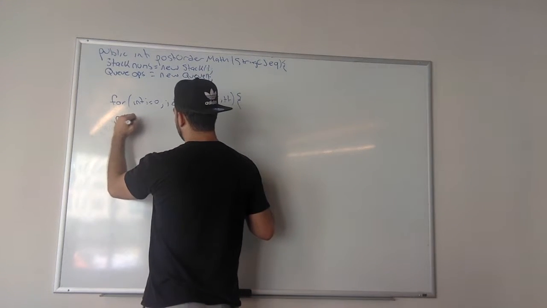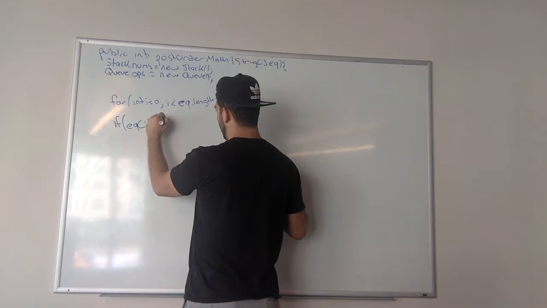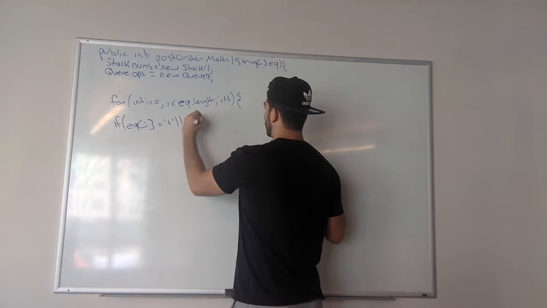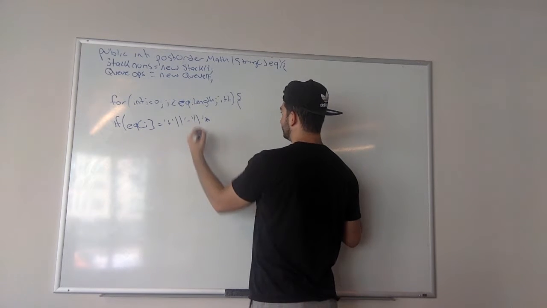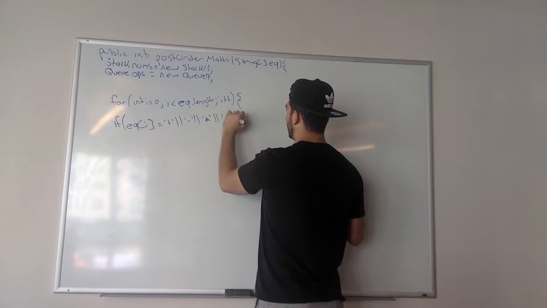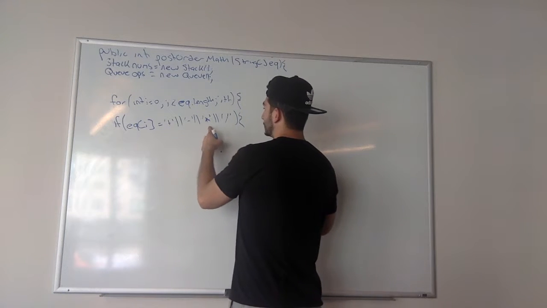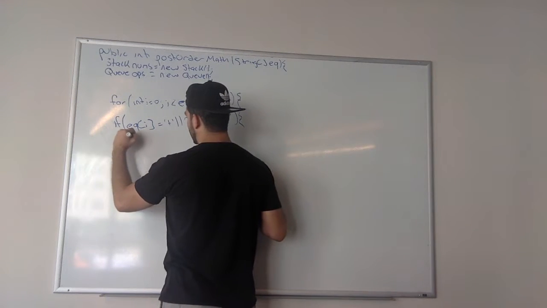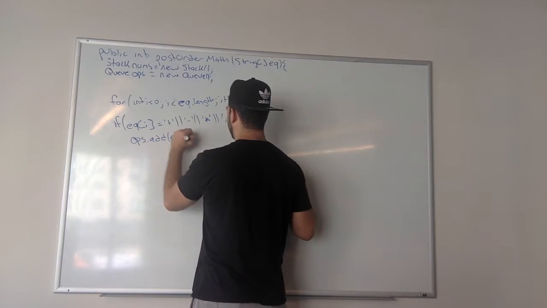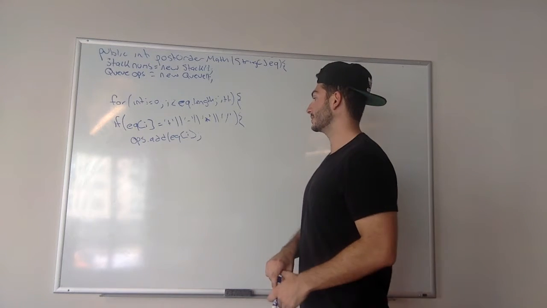So if EQ at position I is equal to plus or minus or multiplication or division, and I know that's not correct syntax, I'm just trying to save space. If it's one of these, we're just going to add them to the ops queue so that they're contained in the correct order of operations.